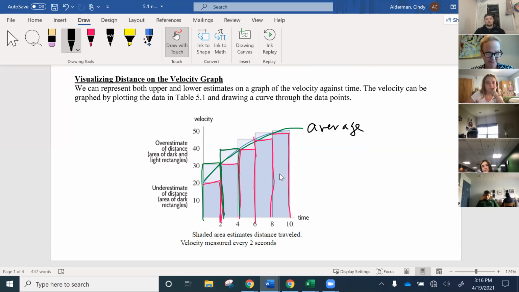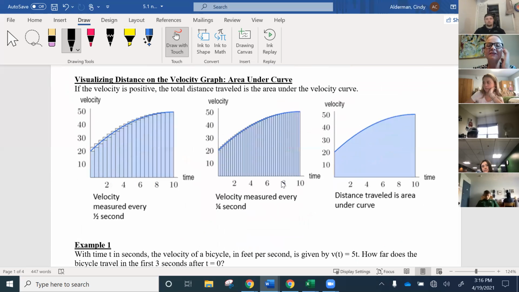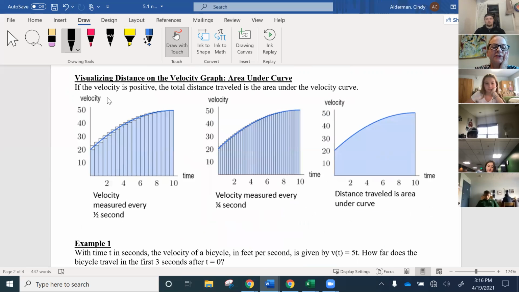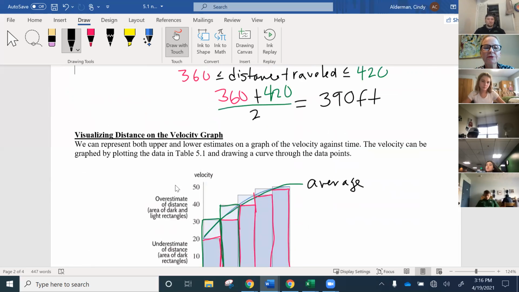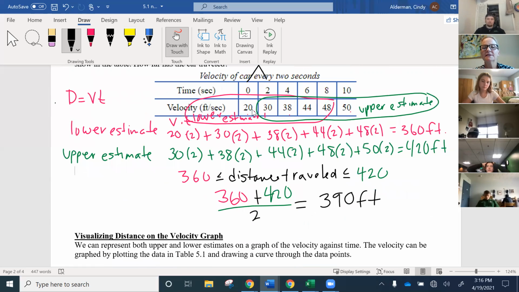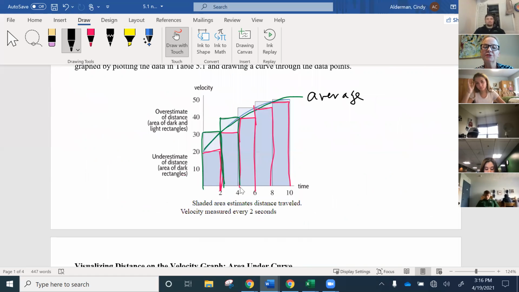Thank you. Okay. Now, what we have here is, back in our table, we're only estimating the derivative, or the instantaneous speed, every 2 seconds, right? So what we end up with is every 2 seconds, we've got a rectangle under the curve.